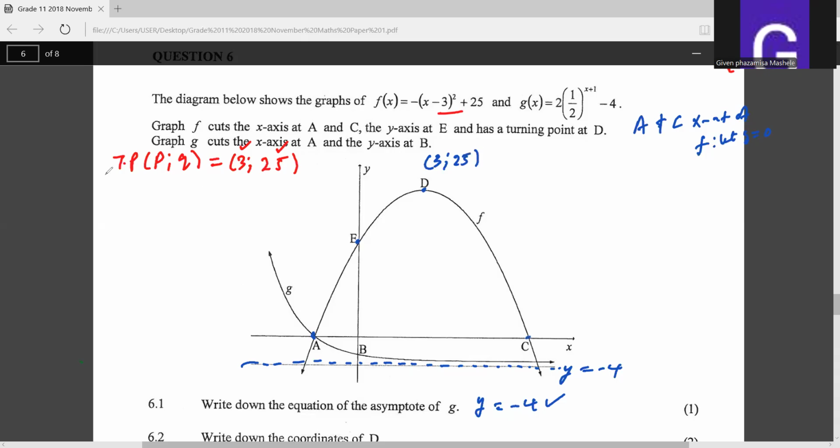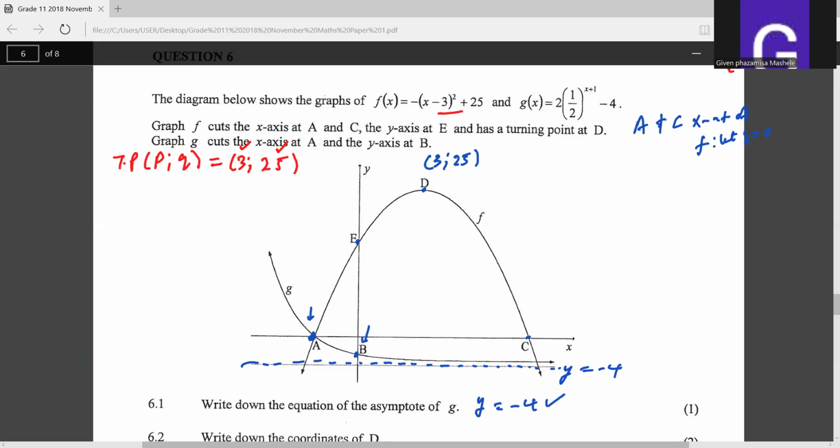Already we know the turning point is 3 and 25. Then graph G cuts the x-axis at A, so this is the point of intersection of F and G, and the y-axis at B. So A is the x-intercept of G, and B is the y-intercept of G. At the y-intercept, x is 0, and at the x-intercept, y is 0.